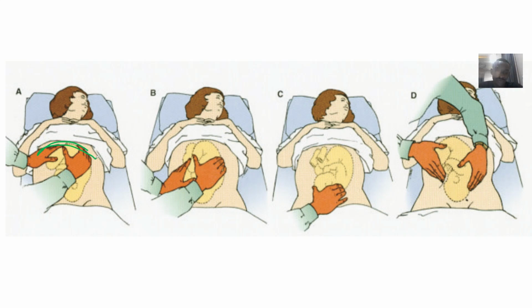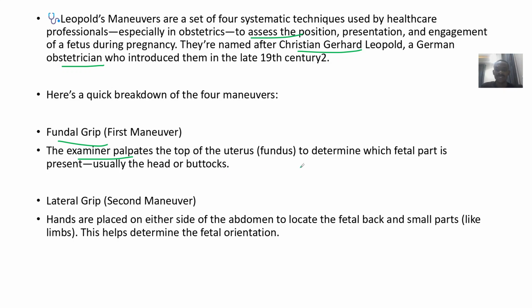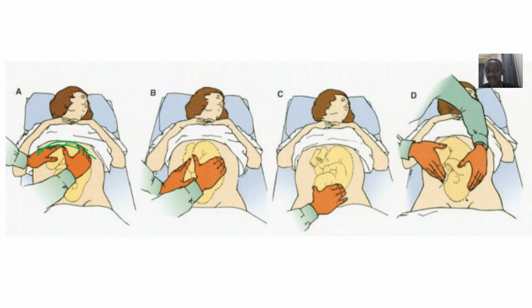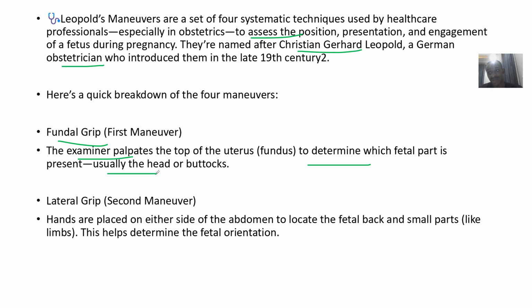If you are palpating the fundus, of course you are palpating the buttocks of the baby. You are doing this to determine which fetal part is present at that side, the head or the buttocks. Normally it should be the buttocks. Anything that makes you feel the head there is an abnormality. These maneuvers help us know if the baby will be born rightly or not.